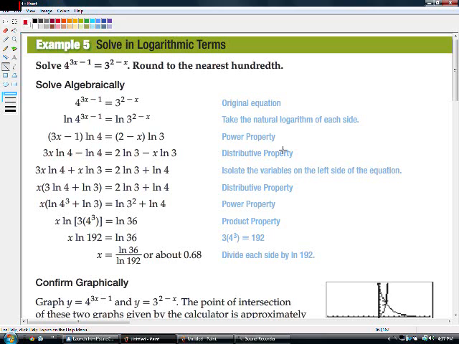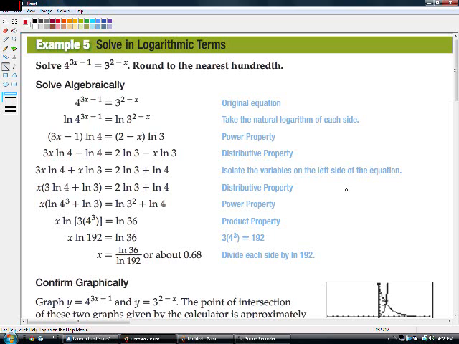We use the power property to see that it's x times natural log of 4 to the third plus natural log 3 equals ln 3 squared plus natural log 4.